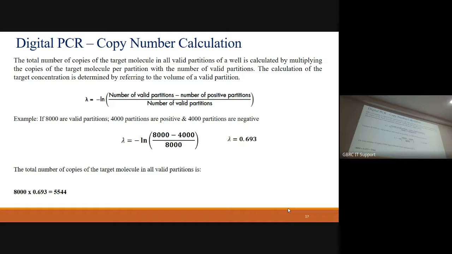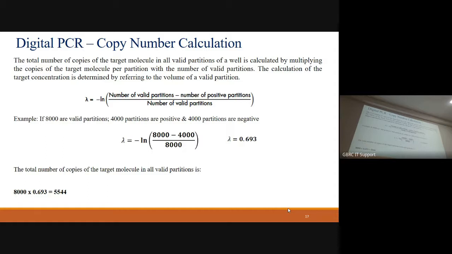So valid partitions, whatever you got, minus the number of positive partitions, where positive partitions are those in which you got amplification, divided by the number of partitions. Let's say 8,000 are valid partitions, in which 4,000 are positive and 4,000 are negative. This is calculated and the lambda you get is 0.693. If you multiply it with the valid partitions, you will get this many copies.